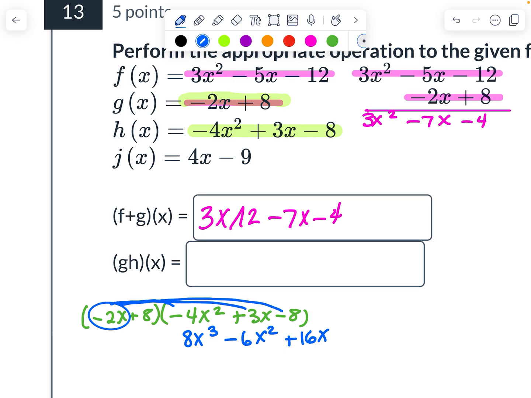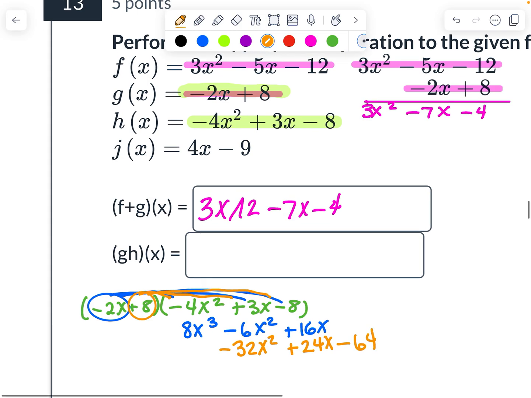Then we're going to take 8 and we're going to multiply it by these 3 pieces. And 8 times -4 is -32, x to the power of 2. 8 times 3 is 24x, and 8 times -8 is -64.